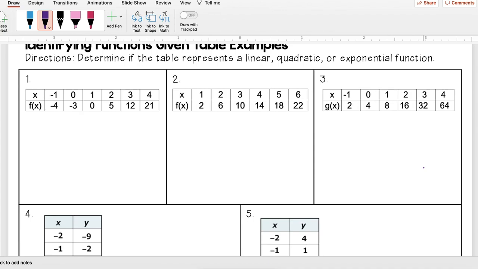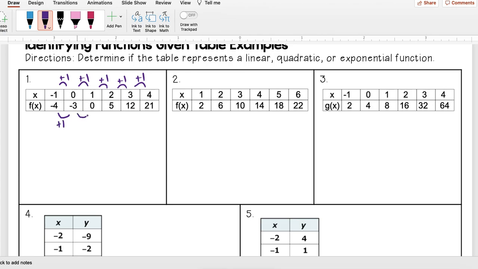So looking at number 1, I'm going to look at my x's first. I see it's just adding 1 every time. And now looking at the y's, I like to start to see what am I adding and subtracting each time. So to get from -4 to -3, I add 1.